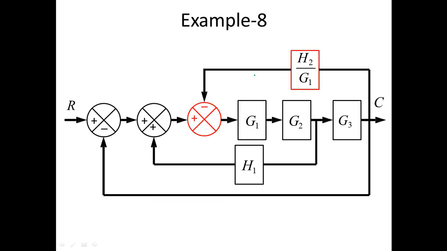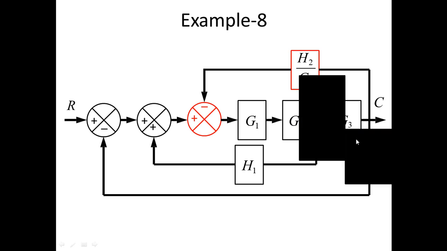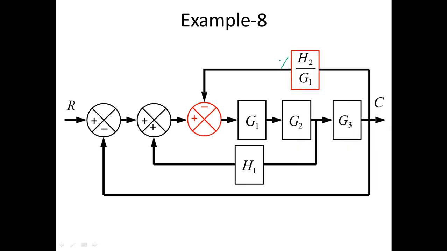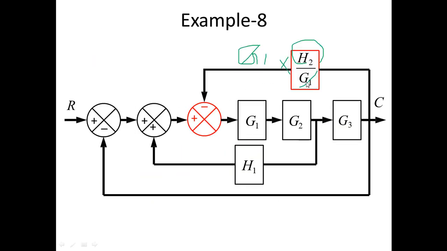To compensate for that, you have to divide by G1, so that this H2 is not multiplied by G1. If it gets multiplied by this G1, the G1 will be cancelled out and you will only get H2, which was your first requirement. There is no G in this block. So if you move this from here to here, you have to put a G1 in the denominator, so that it gets cancelled out.